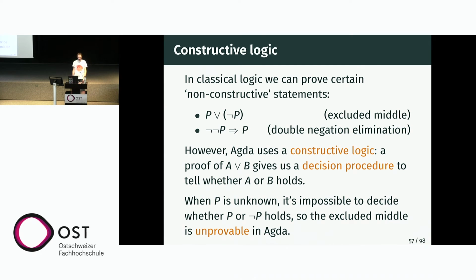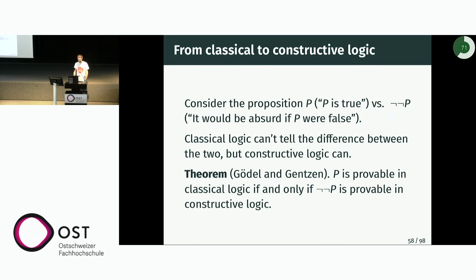People sometimes complain about this, and say you cannot prove these things, and these are really needed to do mathematics. So luckily, a long time ago, these two great people, Gödel and Gentzen, came up with a way to embed classical logic in constructive logic. So there's actually no loss of expressivity. The only thing you have to do is add two negations at the start of your proposition.